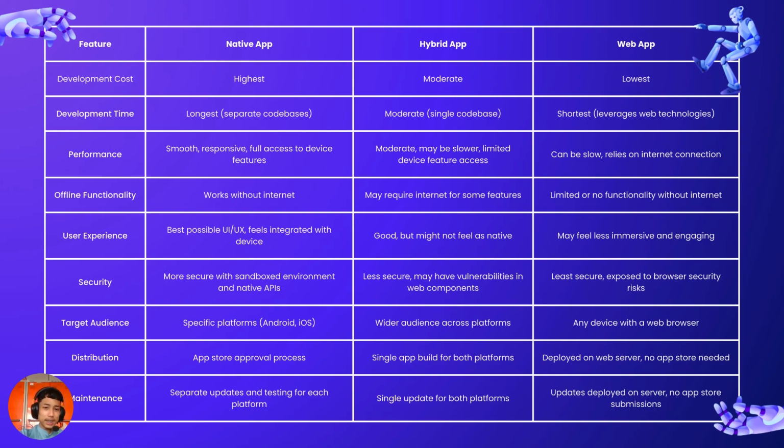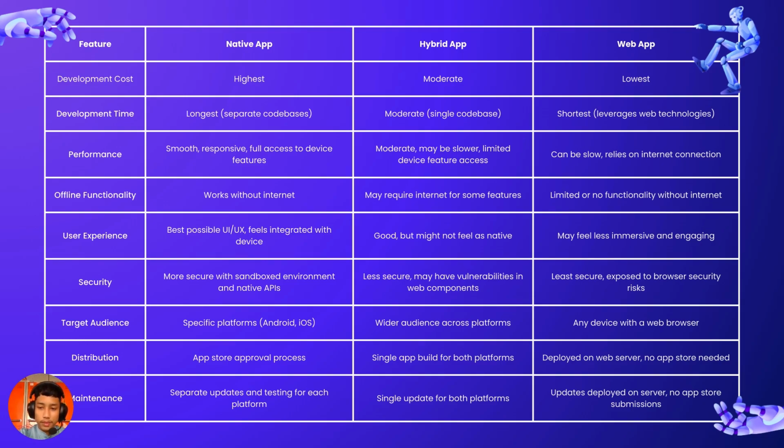For the maintenance, native app needs separate updates and testing for each platform, which means the highest cost. A hybrid app has a single update for both platforms, and for the web app, updates are deployed on the server, with no app store submission.